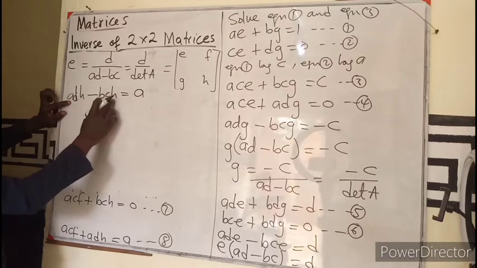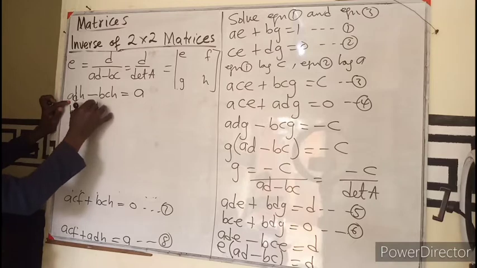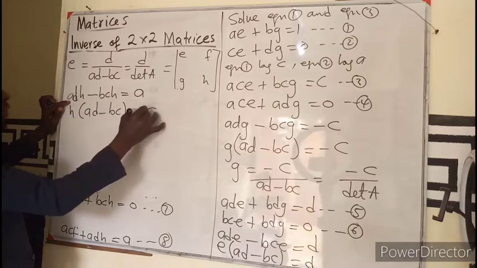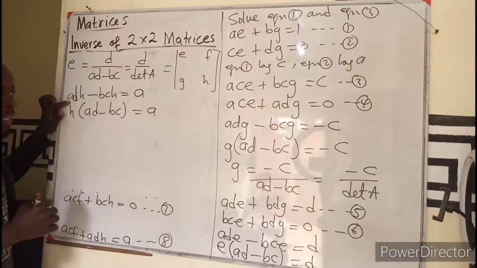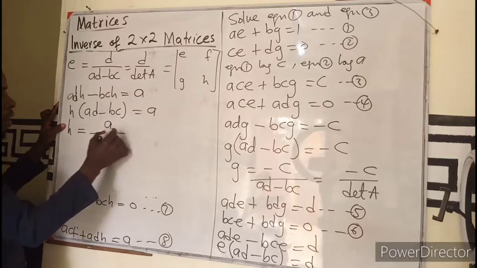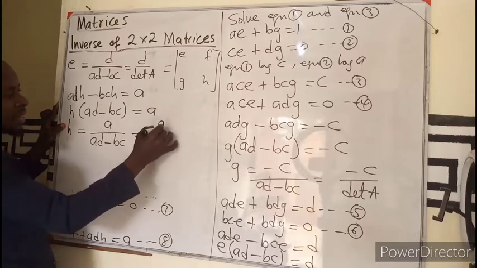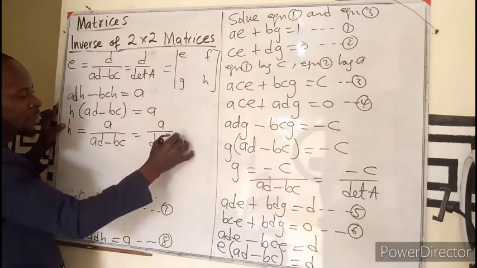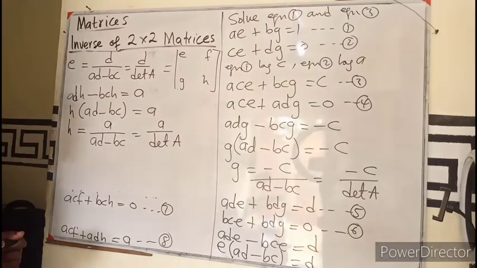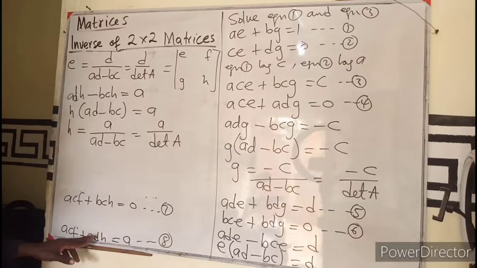So now, what do I have? Common factor H into bracket AD minus BC equals to A. So I think from here, I can say that H is equals to A all over AD minus BC. A is the same as the determinant of A. So now we can also now eliminate the values of what?